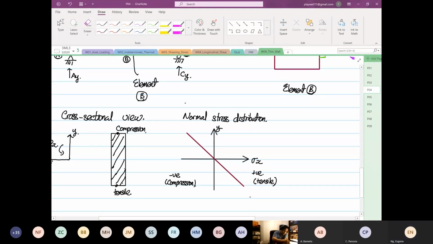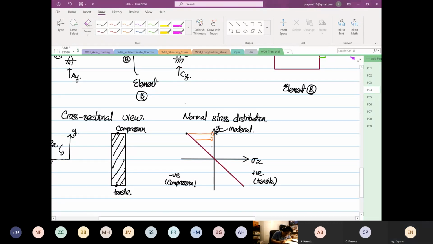So at the top, you have compression. At the bottom or at the other end, you have tensile. So when it's compression, right? The Y is where the material is. So when it's compression, the arrow will push towards the material.